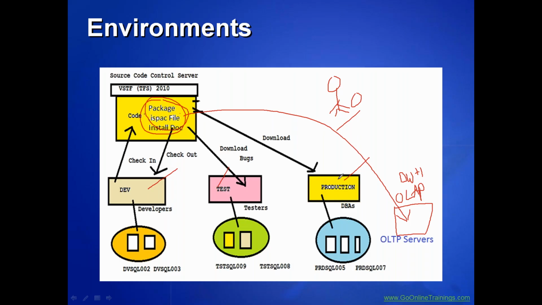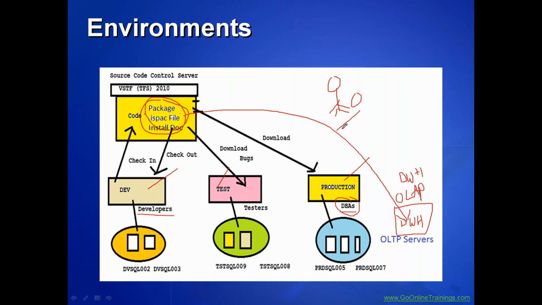So you have to download all the packages. You mean not you, the DBA team, because developers will not have permission on the data warehousing. All your packages and all your ESPAC file install documents will be downloaded by the DBA team to the data warehousing servers, and the packages will get installed as per the installation document on the release date.